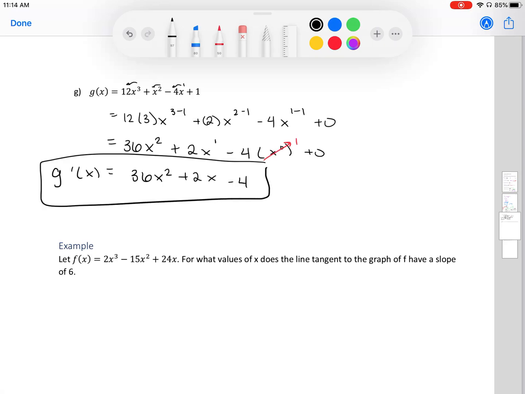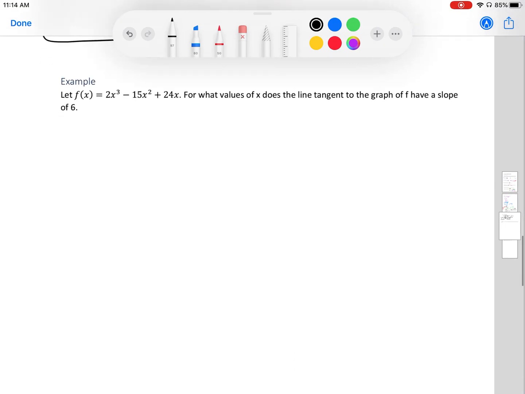Next problem. Let f of x equal 2x cubed minus 15x squared plus 24x. For what values of x does the line tangent to the graph of f have a slope of 6? Okay, well, we need to remember what the derivative does.